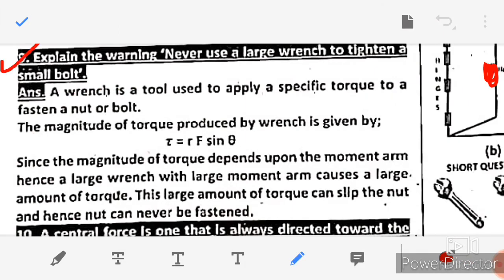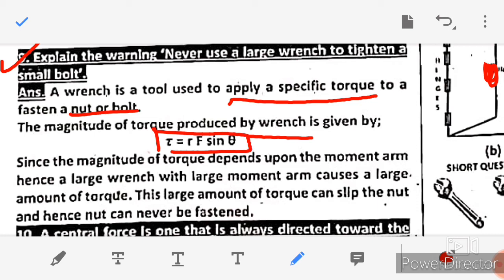Question number 9 is also included. Explain the warning: never use a large wrench to tighten a small bolt. Answer: a wrench is a tool to apply a small specific torque to fasten the nut. The magnitude of the torque produced by a wrench is given by torque equals force multiplied by position vector r into sine theta.